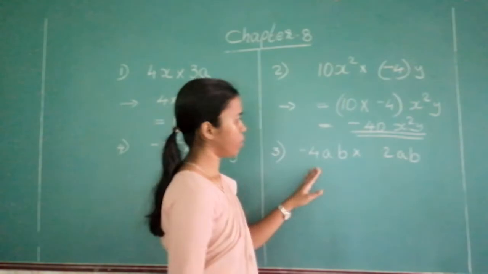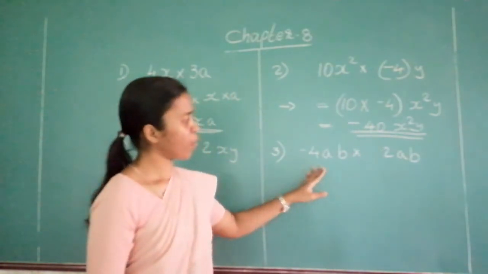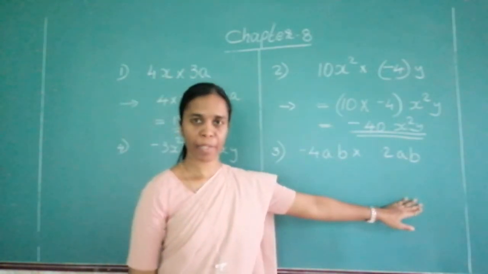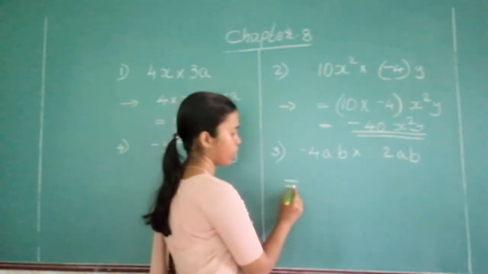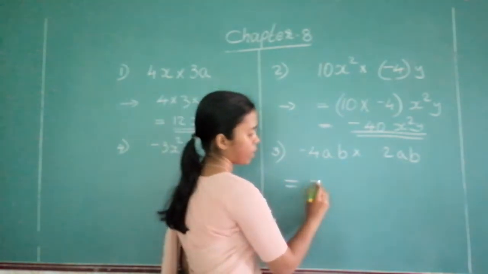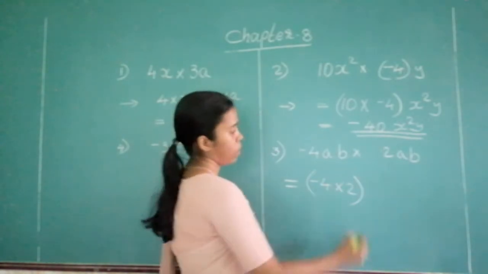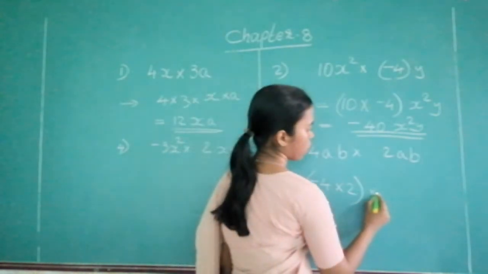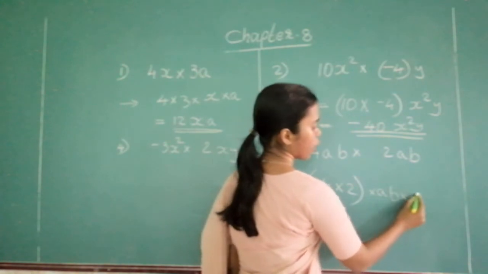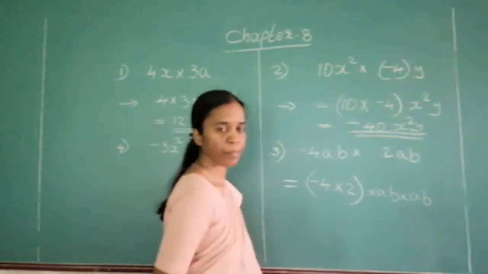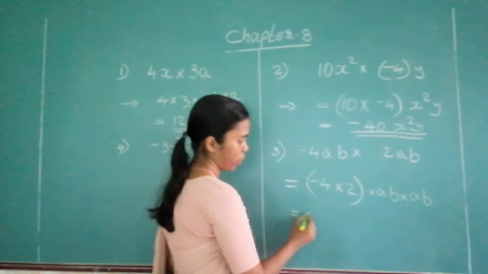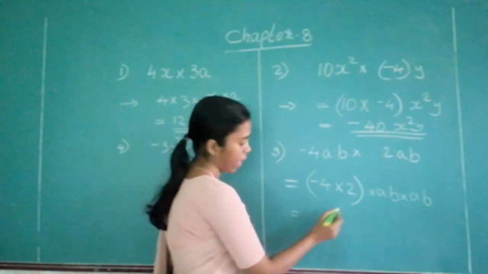Look at the next one. Minus 4ab into 2ab. That is equal to, multiply the numbers. Minus 4 into 2. What do you have? Into ab into ab. That is equal to, signs are different, answer is negative.